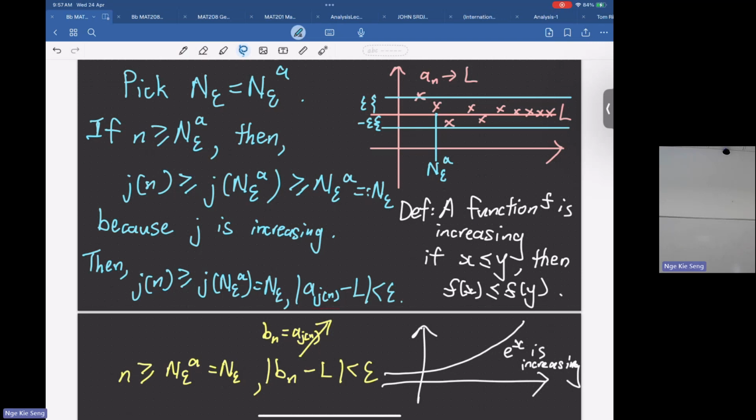This is what you said just now, right? Do I need this first? This might not be always true for an increasing function, but ours is a sequence. So is this always true or not?